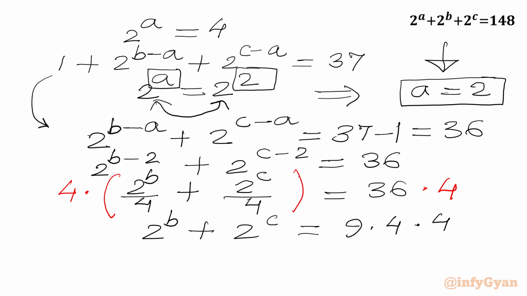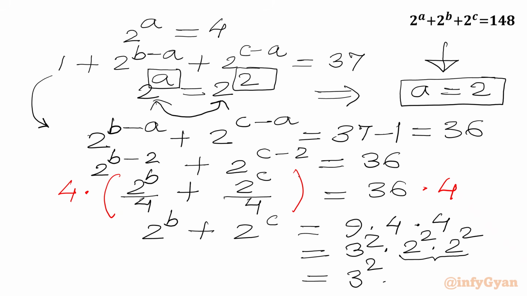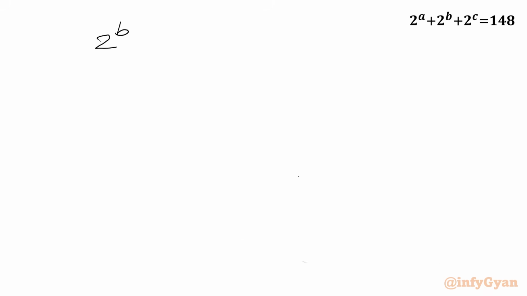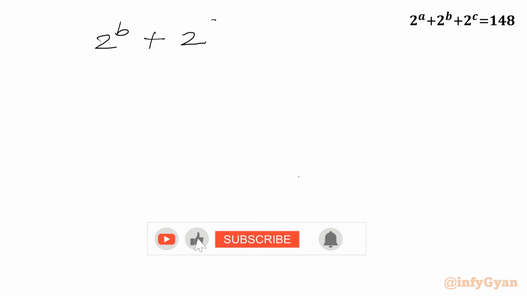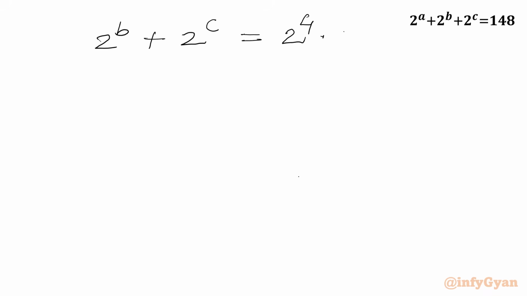Now 9 can be written as 3 square. 4 can be written as 2 square. Next 4 is 2 square once again. Now we will club these two and write 3 square times 2 power 2 plus 2, which will be 2 power 4. So I can write 2 power b plus 2 power c equal to 2 power 4 times 3 square.